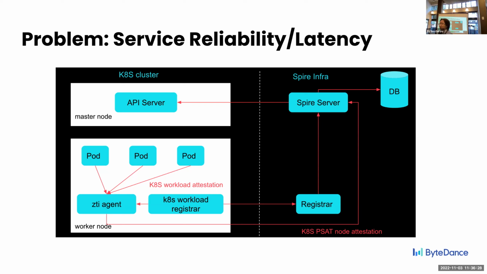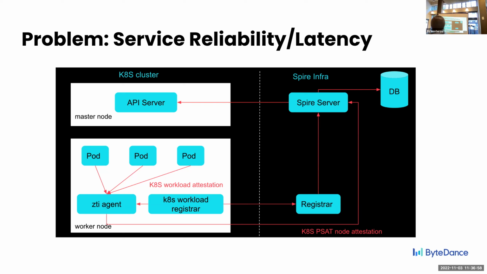And in some corner cases, like we also have edge data centers, right, where our customers' Kubernetes clusters are running, and we cannot build a Spire server in every edge data center. So we need to ask the ZTI agent in the edge data center to connect to the Spire server in the main data center. So the connection between two data centers is horrible. It can take up to tens of seconds or something like that.